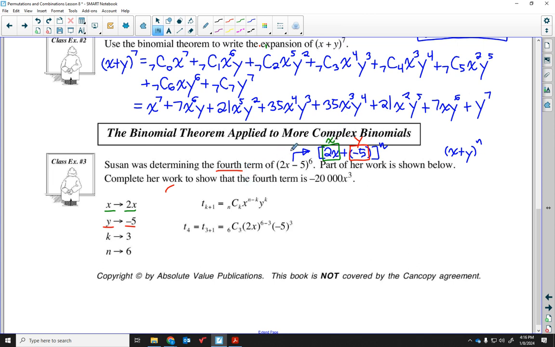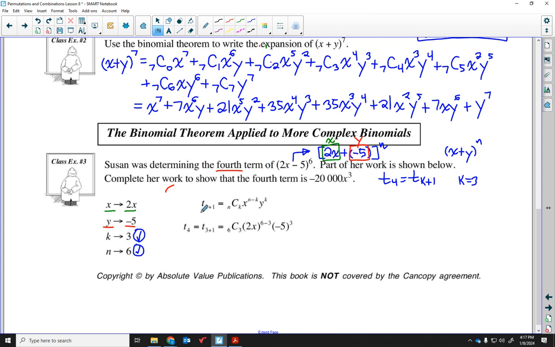Just be aware, you have to identify the k value as follows. Term 4 would be equal to term k plus 1, which means that the value of k needs to be equal to 3. And I can see it over on the side right there. The value of n is always going to be the exponent on the outside of the binomial, so that's equal to 6.